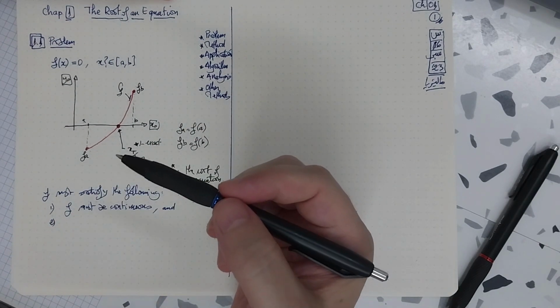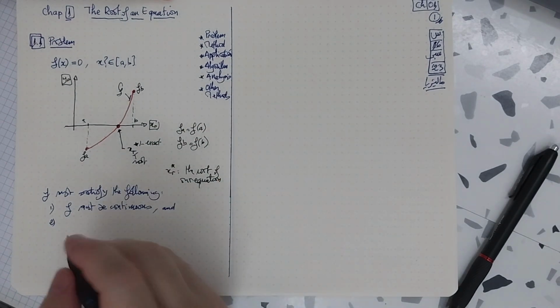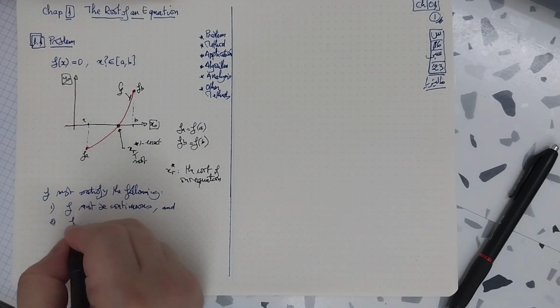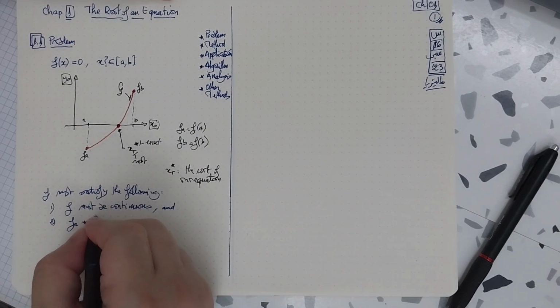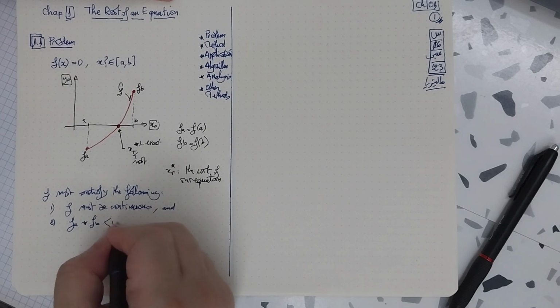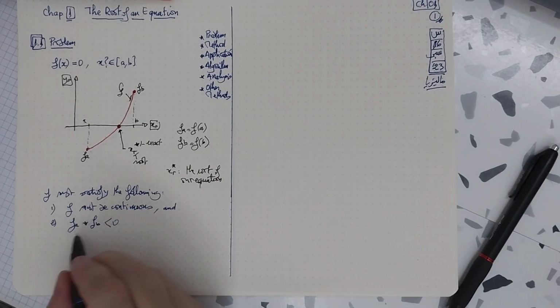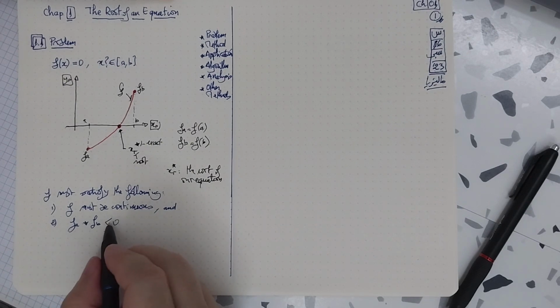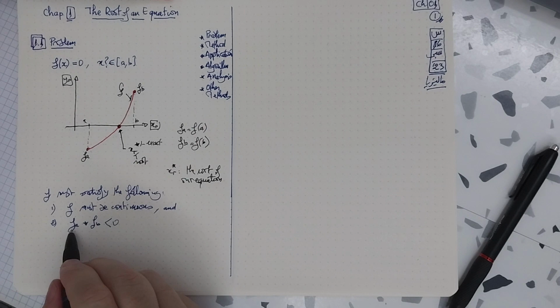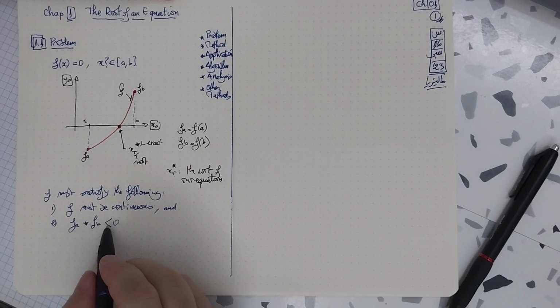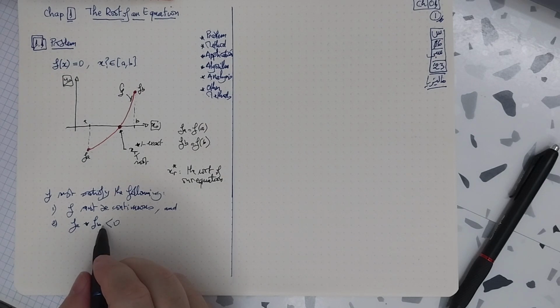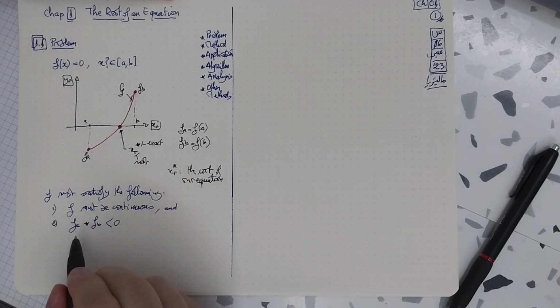How do we formulate that mathematically? We simply say Fa times Fb is negative. If they have the same sign, positive, positive, or negative, negative, the product will be positive, not negative. So to say that Fa has a different sign from Fb, we write the product is negative. We don't have to perform the product actually.